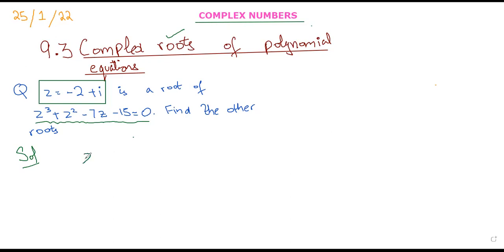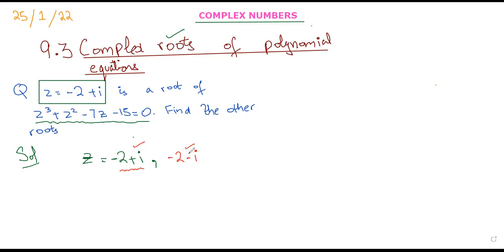If z equals -2 plus iota is a root, it is given that the conjugate of this root would also be a root. What is the conjugate of this complex number? Minus 2 minus i. Excellent. If this is a root, the conjugate of this complex number would also be a root, right? There's no doubt in this.